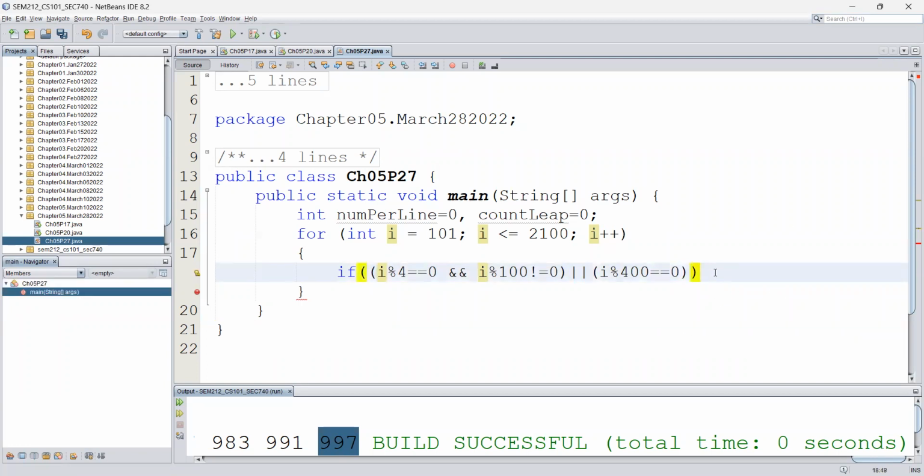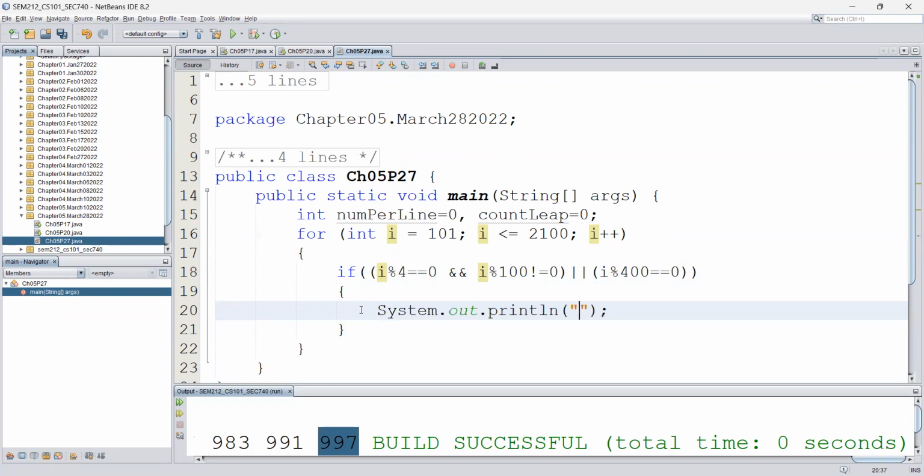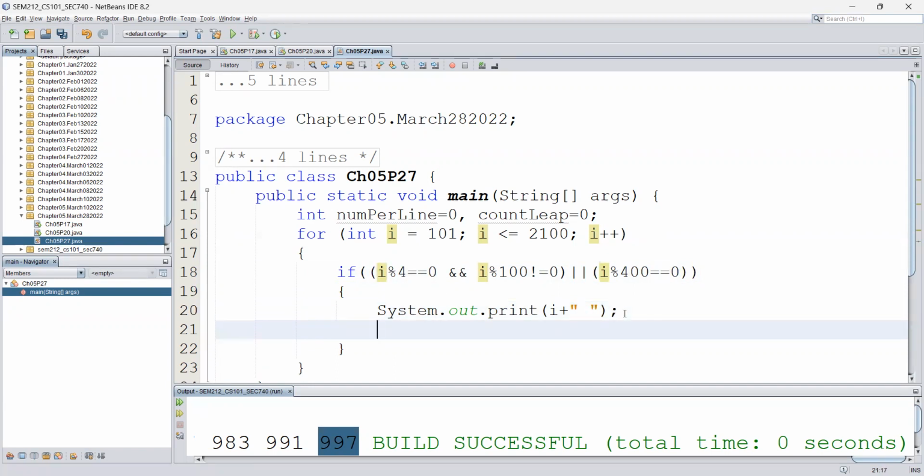Okay, so if it is the case, what do we need to do? I should write it out. I give a separation. Further, I should increase both counters.